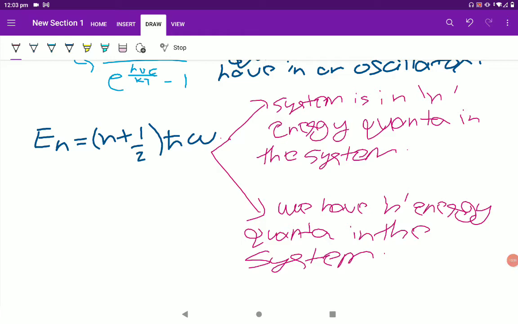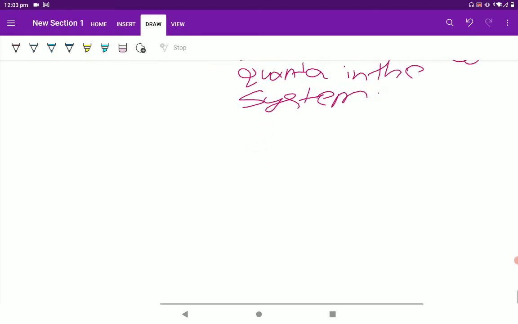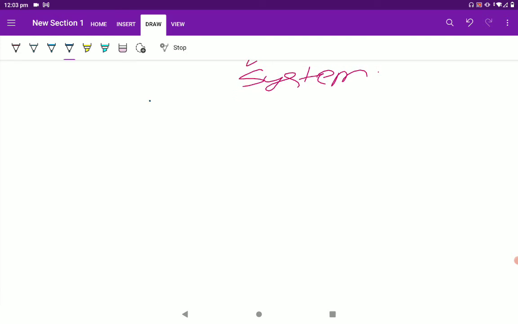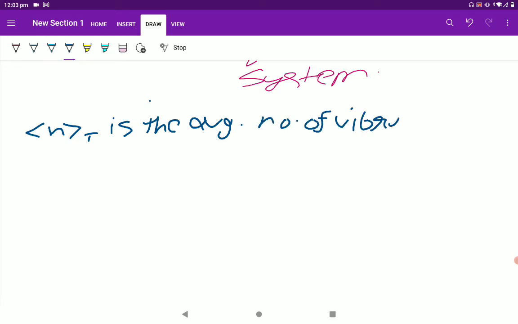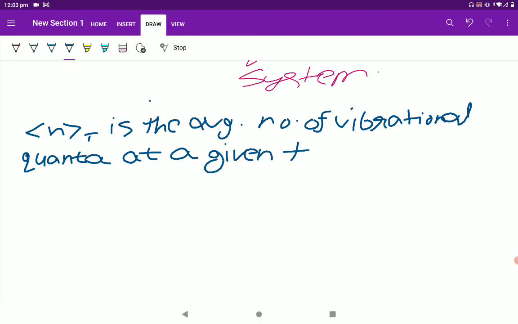So this is the average number of vibrational quanta at a given temperature. It gives us the statistics of vibrational quanta at any temperature.